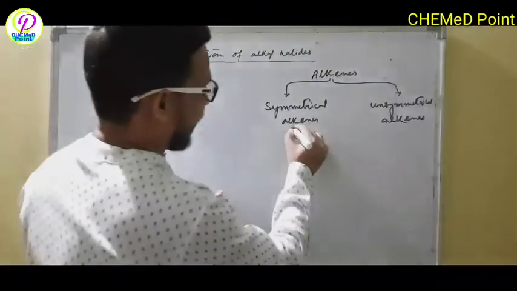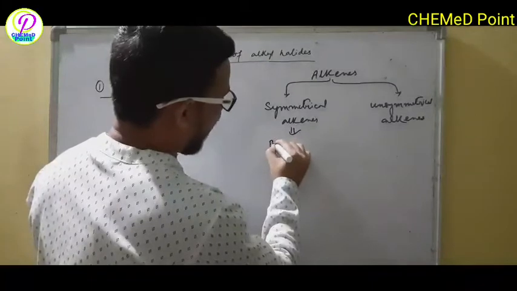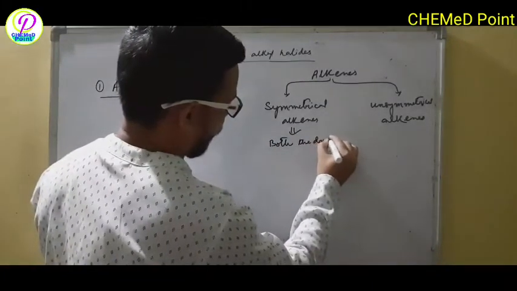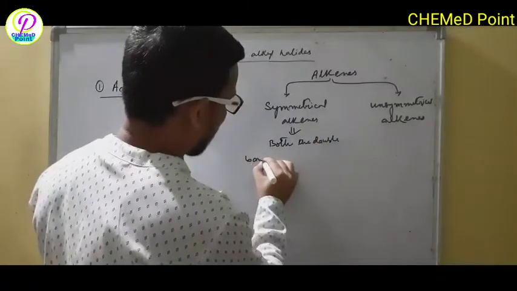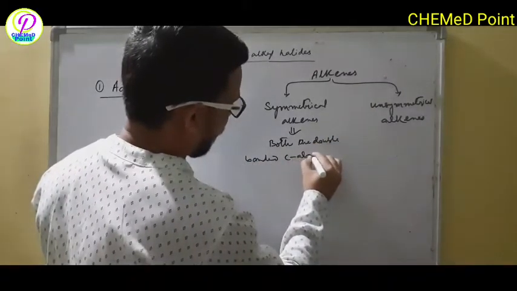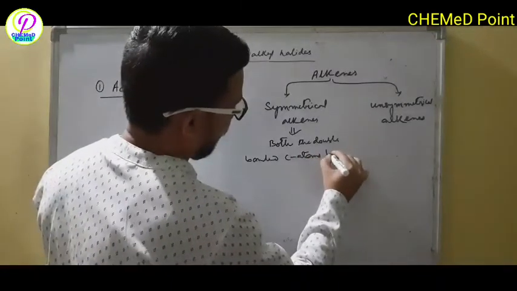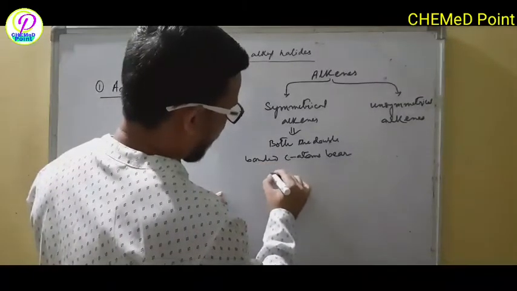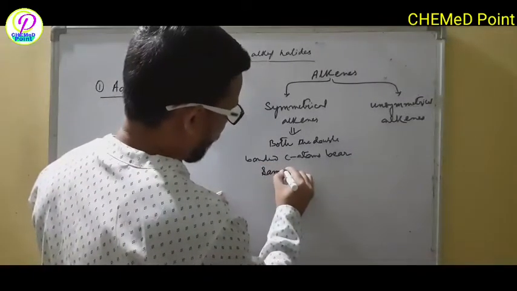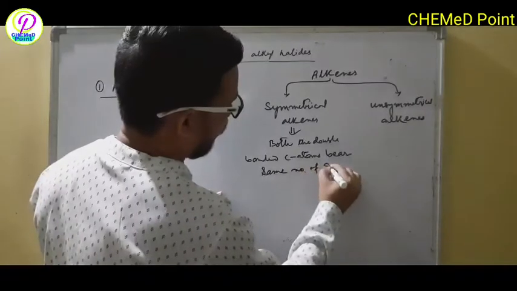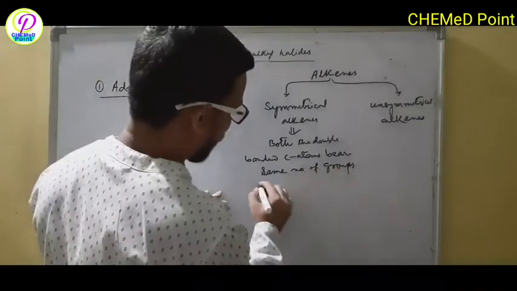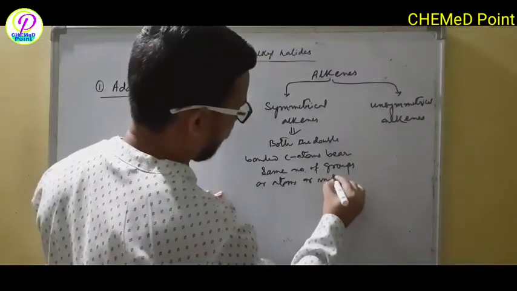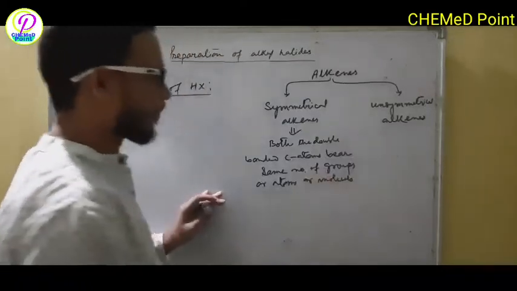In symmetrical alkenes, both the double bonded carbon atoms bear the same number of groups or atoms or molecules.